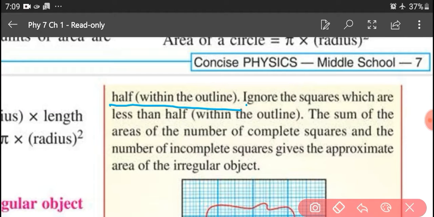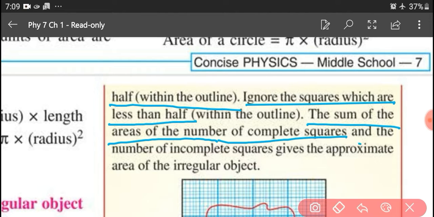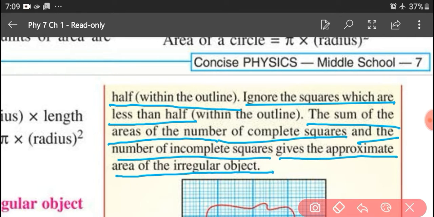Ignore the squares which are less than half within the outer line, there is no need. The sum of the areas of the complete squares and the incomplete squares gives the approximate area of the irregular object.